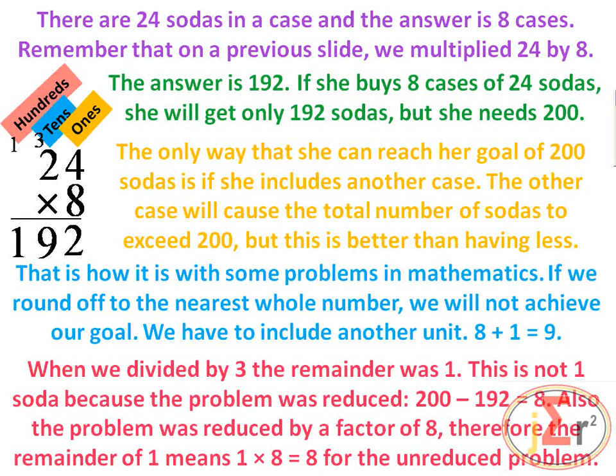Therefore, the remainder of 1 means that 1 multiplied by 8 is equal to 8. So, we are short by 8. We are not short by 1. We divide by 3. The remainder is 1. But do not forget that the problem was reduced by a common factor of 8. So when we get the remainder, we need to increase also the remainder by a common factor of 8. So 8 ones will be equal to 8. And 8 is what we will have for the unreduced problem.